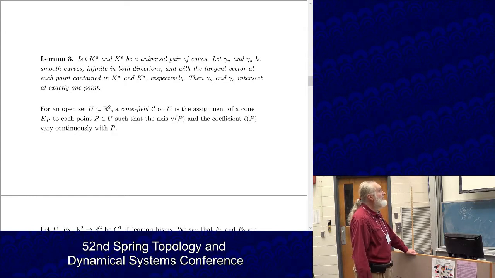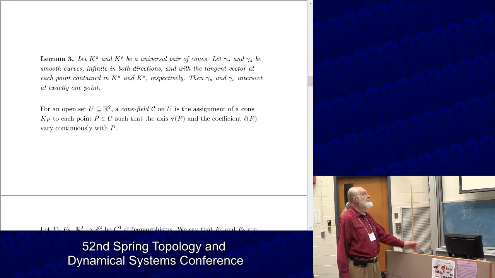Okay, so we have our cones, and now we produce a cone field, say in an open set or in the whole plane. So at each point we have a cone, and the cone is given by two things, a vector and a number.